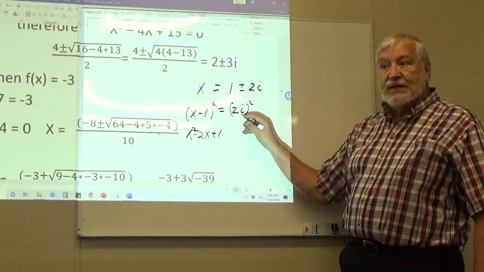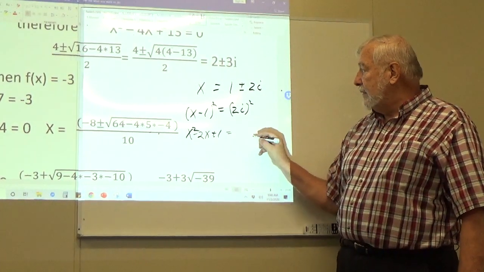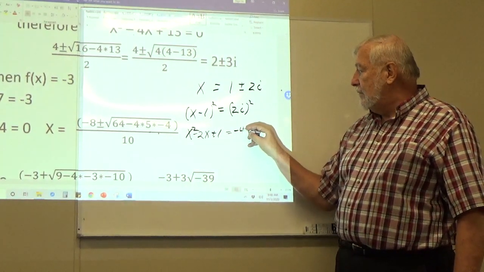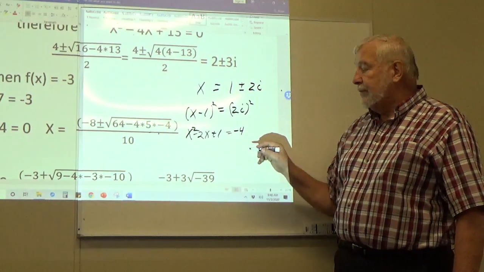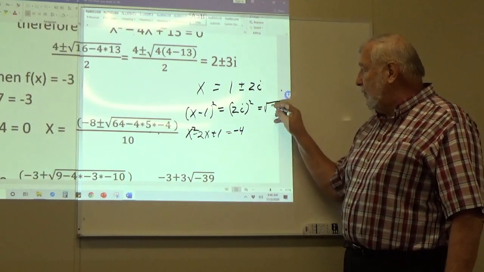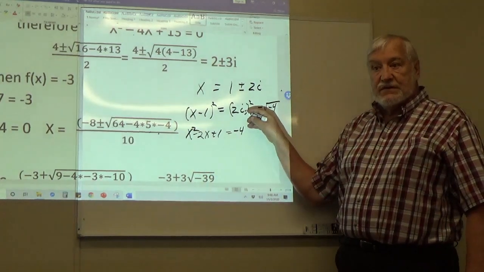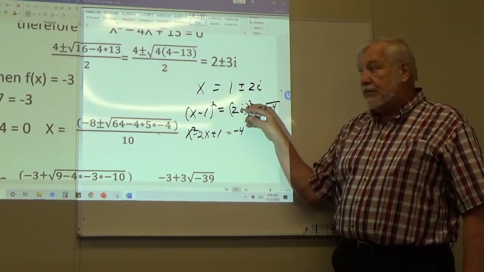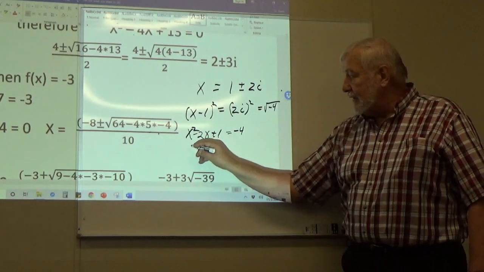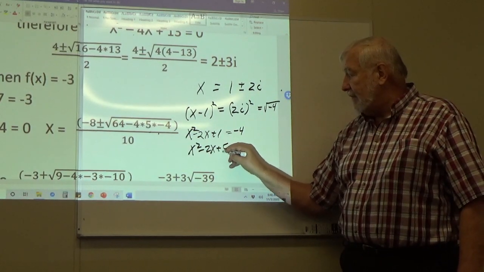And then when I square this side, I'm going to get negative 4, because this actually equals the square root of negative 4, the square root of 1 times the square root of negative 4, the square root of negative 1 times 4. And now when I bring this over, I get x squared minus 2x plus 5.